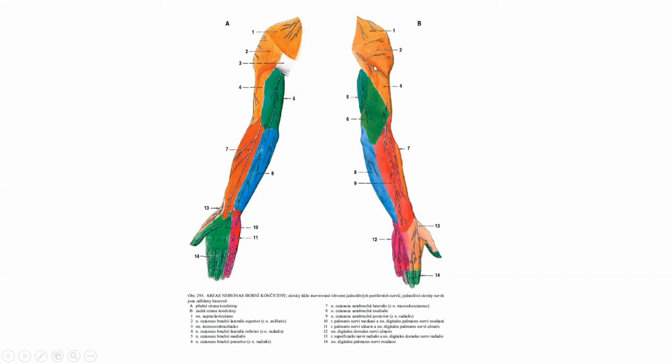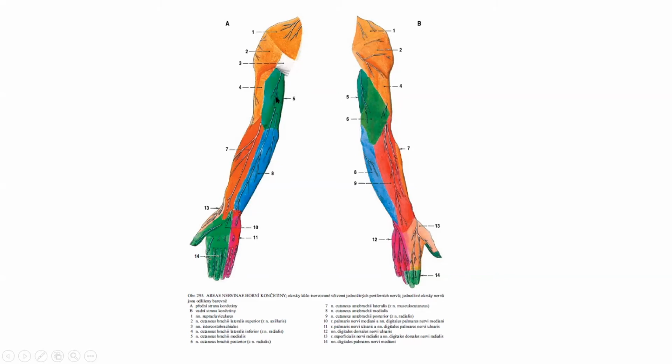This is the view from the anterior side. This is the view from the posterior side. If you go down to the arm, you have the nerve called the inferior lateral cutaneous nerve of the arm, which is a branch of the radial nerve, and supplies this area on the anterior side and on the posterior side as well.